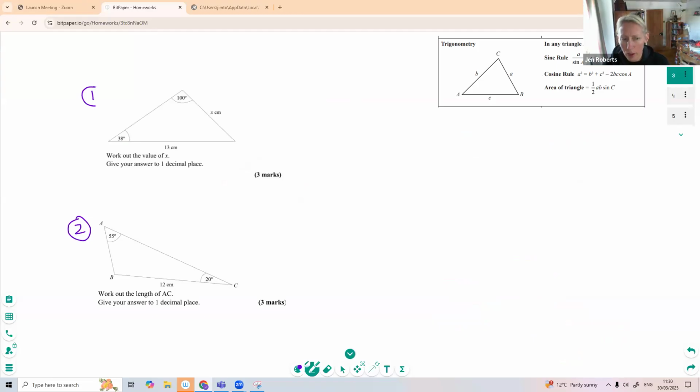How did you get on? Question 2 is a little bit tricky. We'll discuss that in a minute. Let's get on with question 1. There are no letters here, so you can choose capital A, lowercase a, because it's opposite, capital B, lowercase b, again because it is opposite. A over sine A equals B over sine B. Don't need the C's this time.